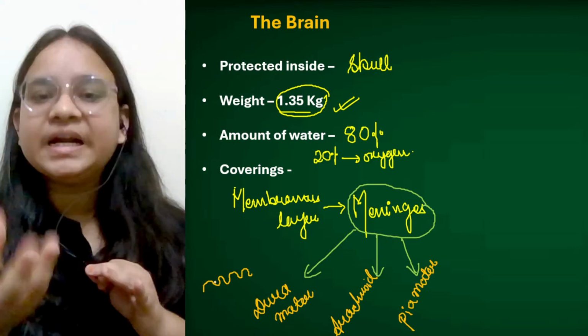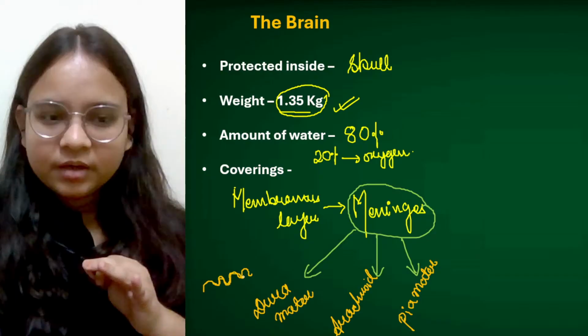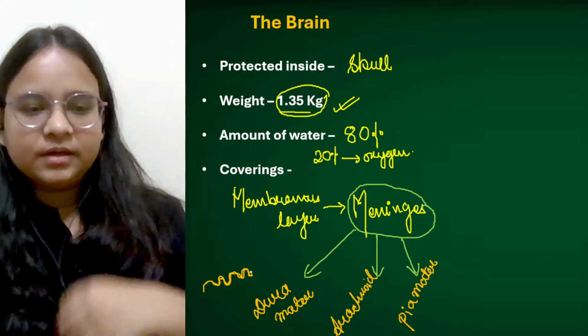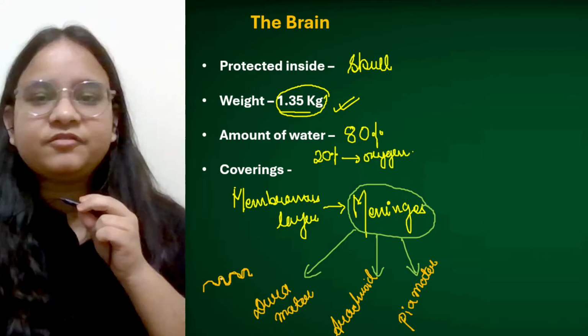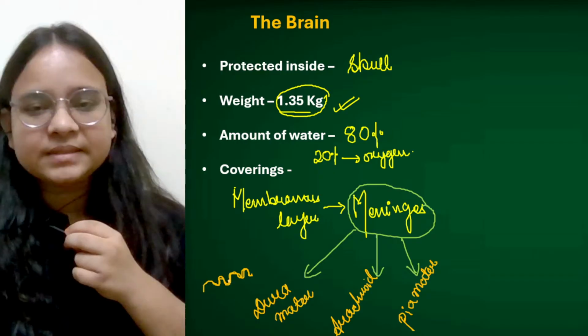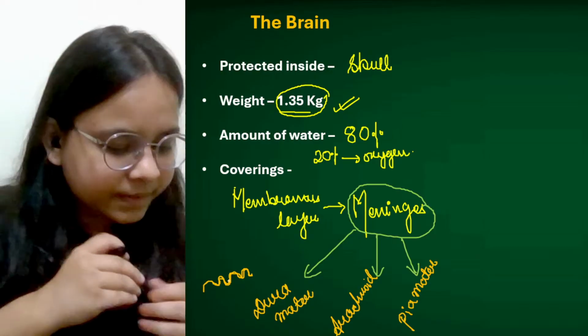Grooves means गड्ढे, ये छोटे छोटे गड्ढे. The membrane of the brain is actually not smooth. ये फोल्डेड रहते हैं. The foldings are called gyri and sulci, which we are going to see later on.